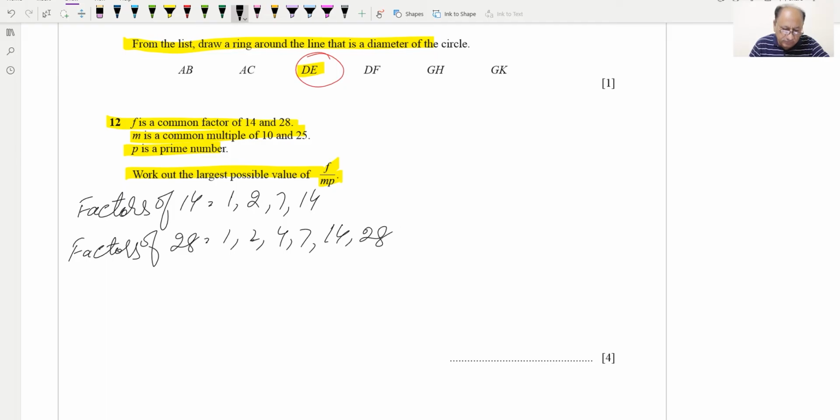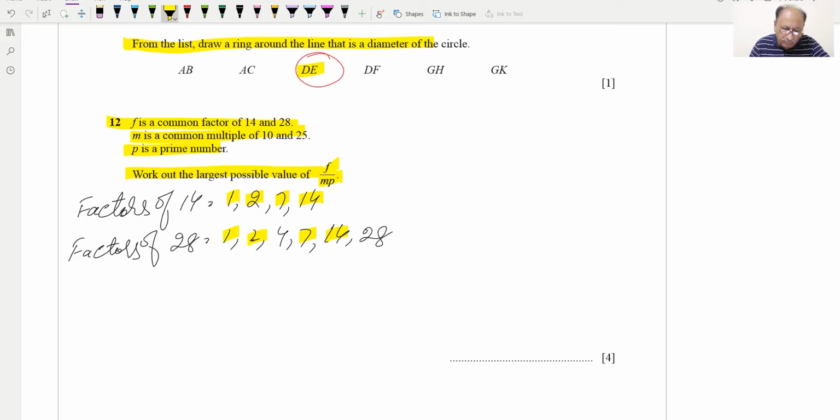So these are the factors, and common factors are which ones? Common are 1, 2, 7, 14. These are common factors, and they are saying F is a common factor of these.